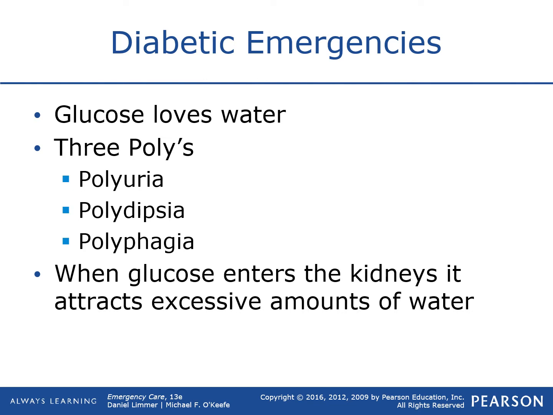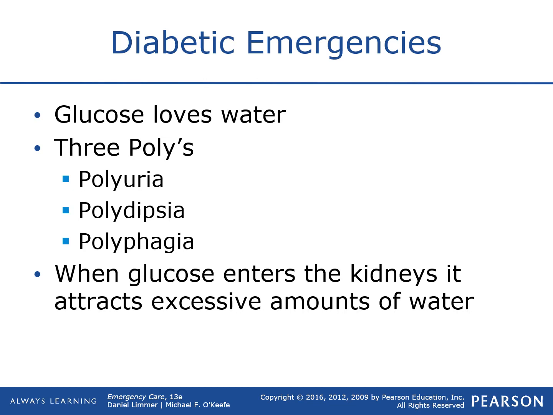And then we have polyphagia. Polyphagia is increased hunger. And this kind of seems counterintuitive. You think you have so much sugar in your body that you shouldn't want to eat more because that's just going to increase the sugar levels. Well, if you have a ton of blood sugar in your bloodstream, that means that the blood sugar is not getting into your cells because insulin's not doing its job to let it into the cells. Your cells are actually being deprived of glucose.